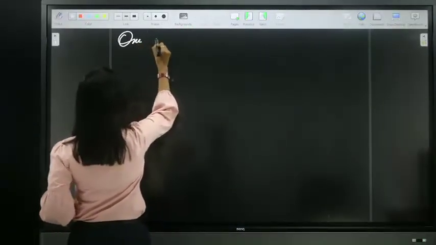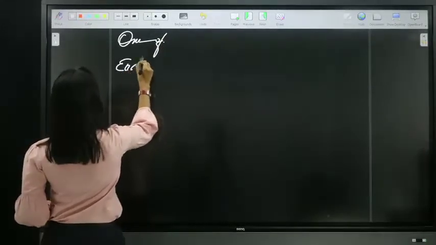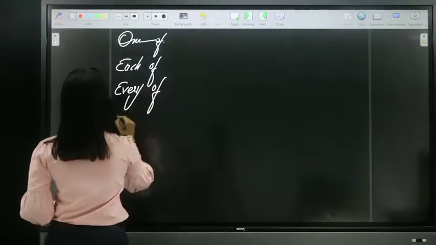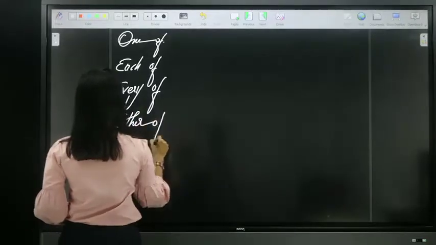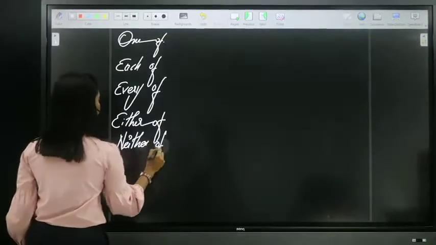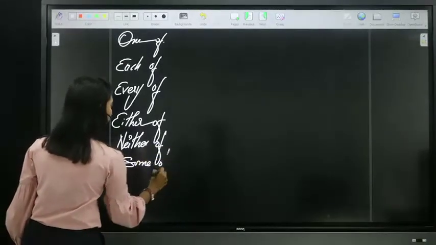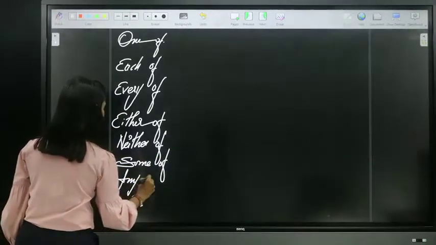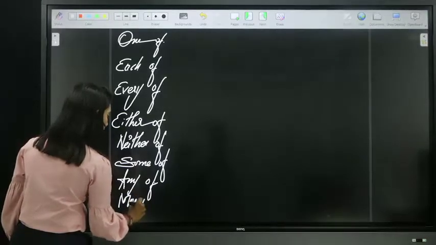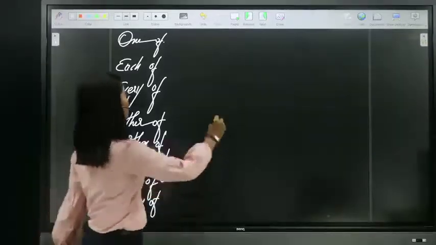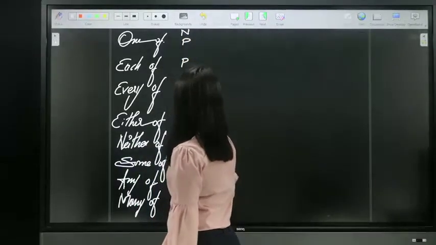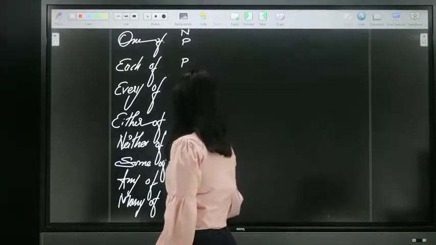Whenever you have seen one of, each of, every of, either of, neither of, some of, any of, many of, etc. Do remember, the noun must always be plural.